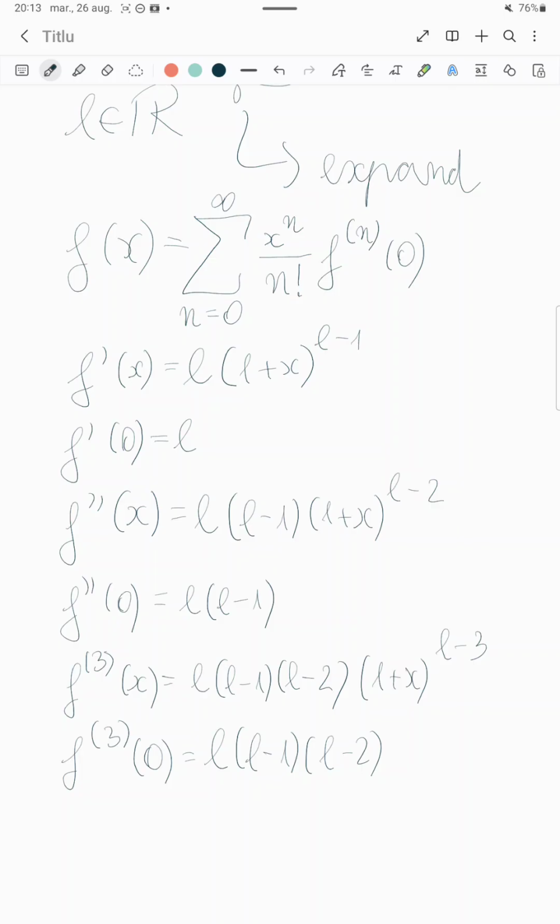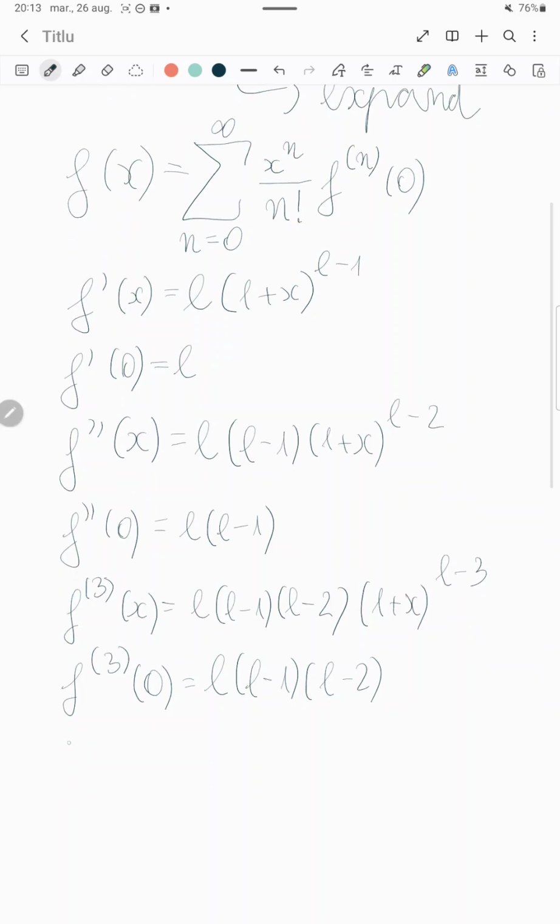Now, let's say that L is a natural number. Then what would this mean?